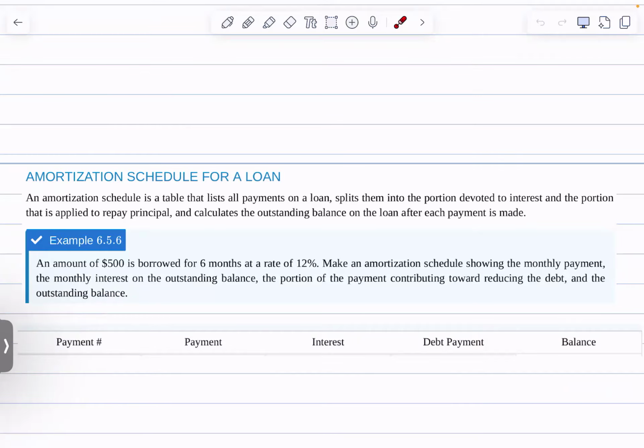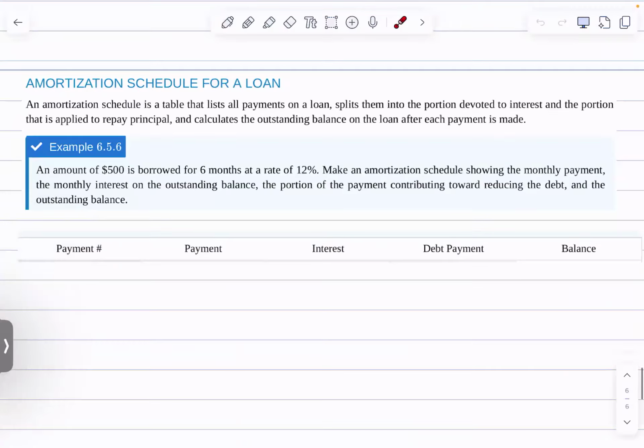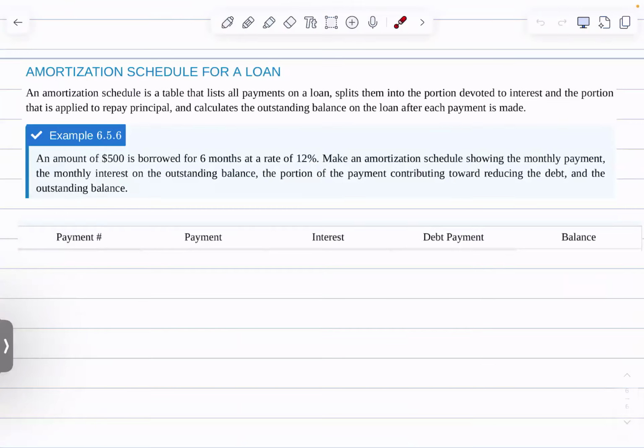Okay. So an amortization schedule is going to be a table that lists all the payments on a loan. What's going to happen is it splits them into the amount of interest that you have to pay, and the portion that goes towards paying off the principal amount, the original that you borrowed.